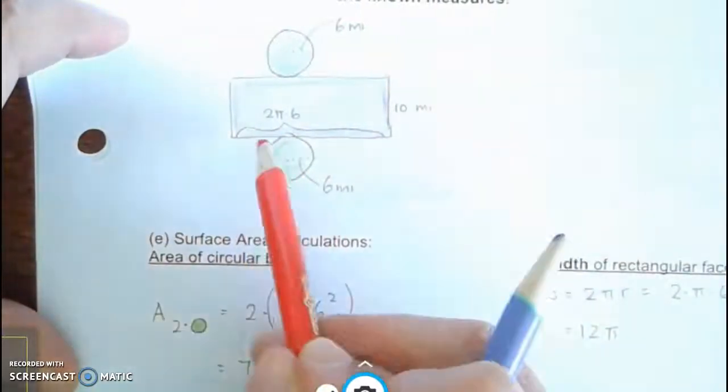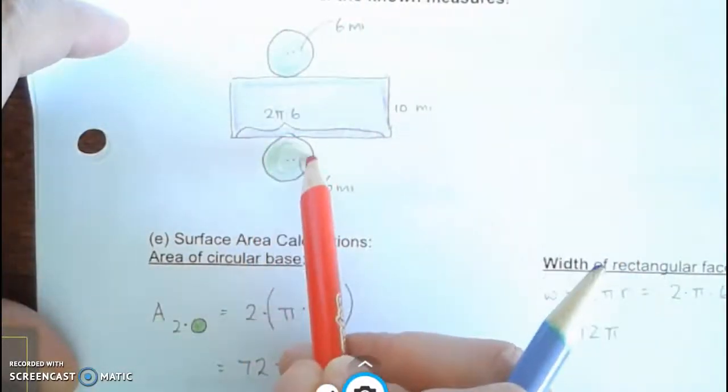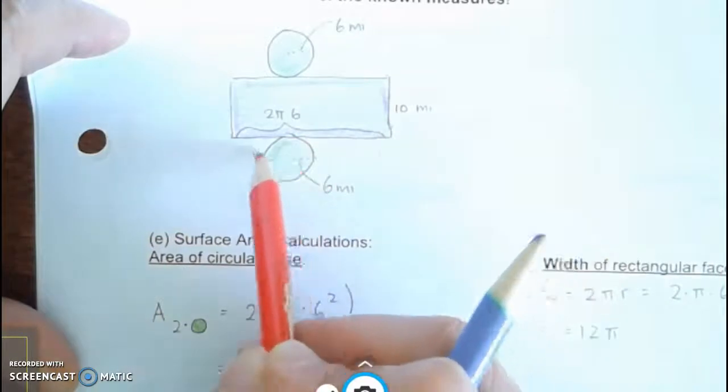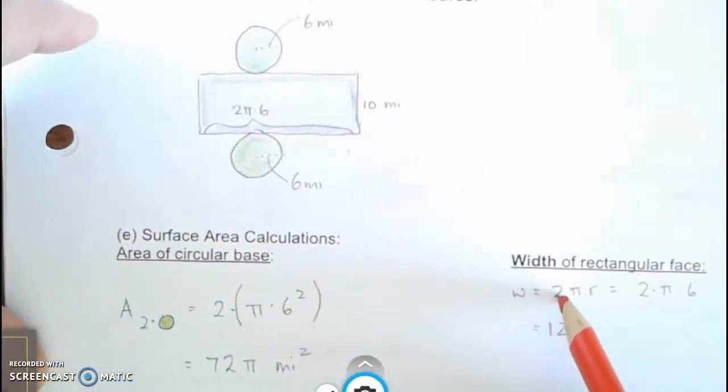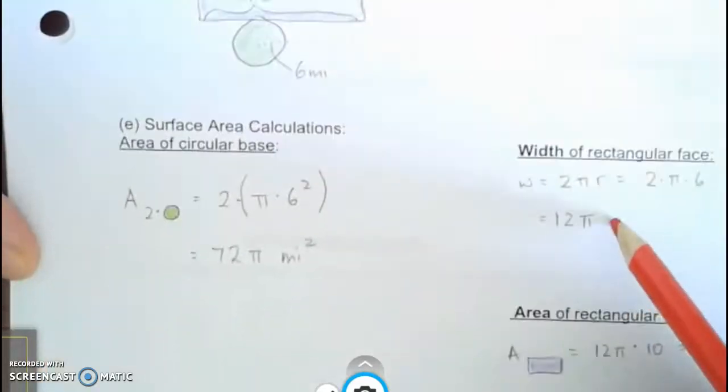Now, the width of the rectangular face. This is this width here. Because the rectangular face is wrapping around the circle, it's going around the circumference, so it's going to be the same as the circumference. That's 2 times pi times r, which is 2 times pi times 6, the radius. So that's 12 pi miles.